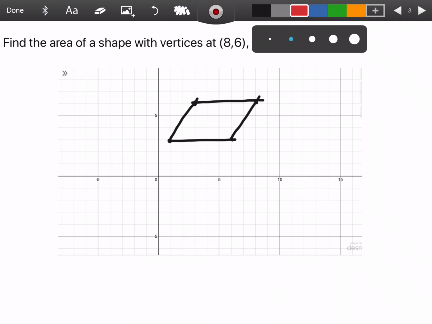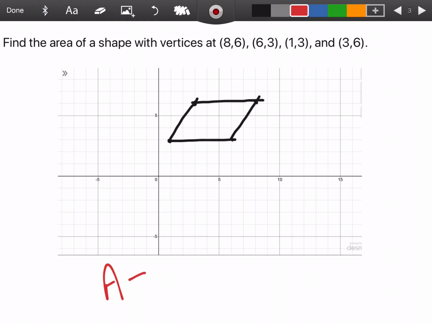If you recall, to find the area of a parallelogram, we're simply going to multiply the base by the height. Again, to find the base, we need to know a known length. So we can either look at our reds or we can look at the blues. Okay, the only one that we really know the length of would be my blue values. They are 1, 2, 3, 4, 5 units.